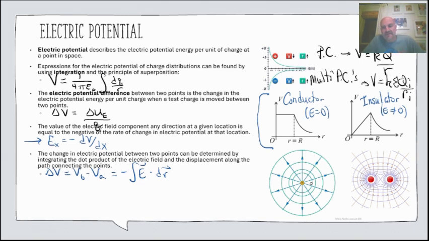And then when you go into the insulator, the electric field in an insulator is constant, so when you take the integral, you get this linear function. But once you get to the outside, they become point charges, especially if they're spheres, and then you just get this inverse relationship.